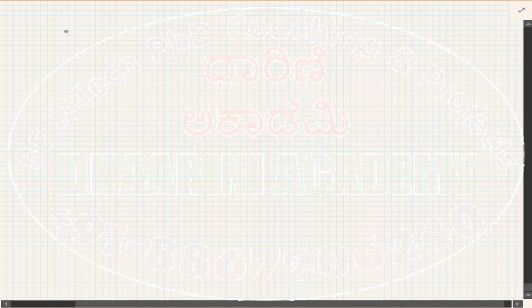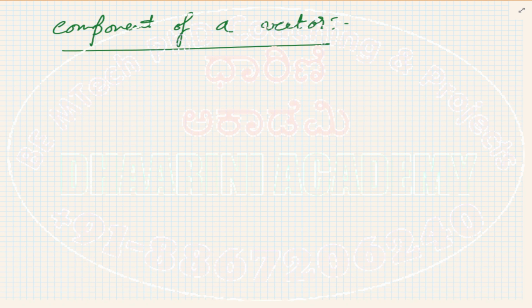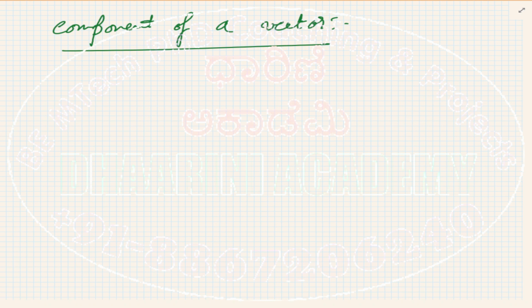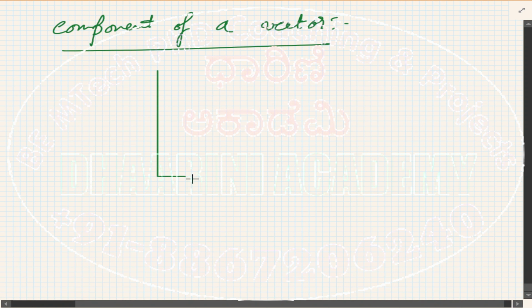that is a component of a vector. Okay, so component of vector, let's first consider a two-dimensional, then we'll go for a three-dimensional. Okay, now this is x-axis, this is y-axis.